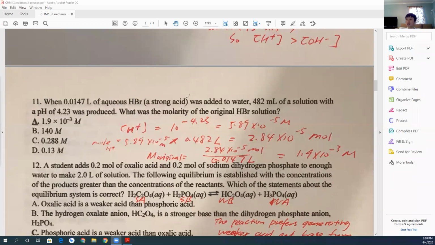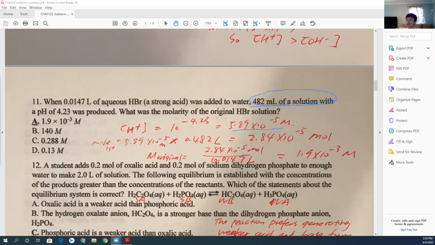First, with the given pH in this final solution, we can calculate the molarity of the proton, which is 10 to the negative pH. So for this 482 milliliter solution, the proton concentration is 5.89 times 10 to the negative 5.